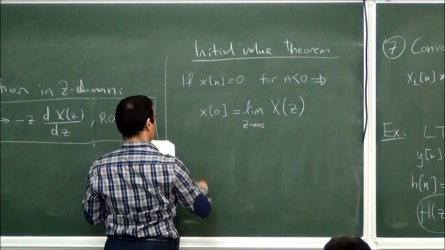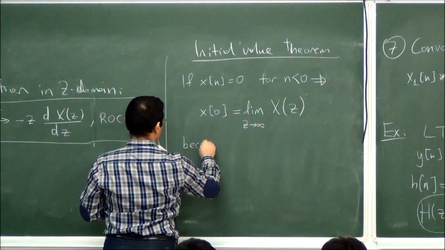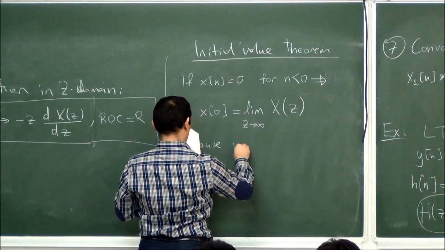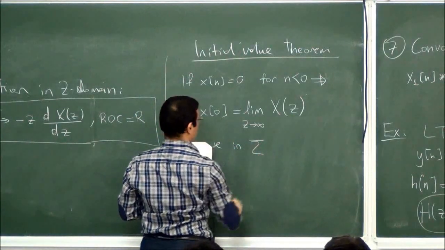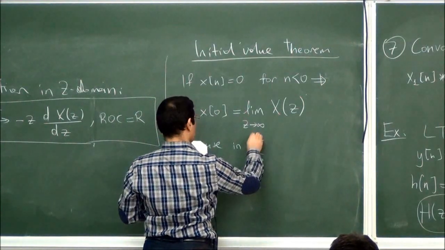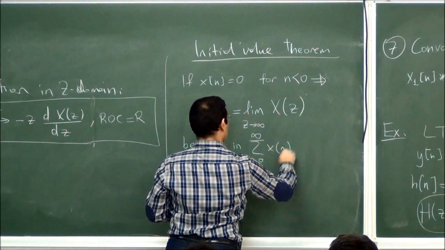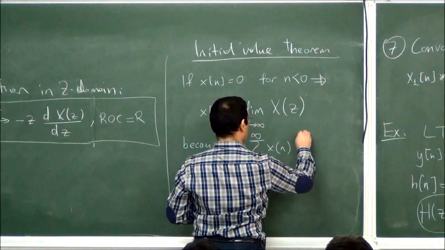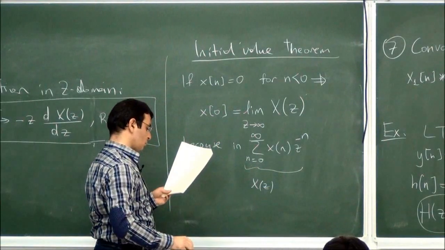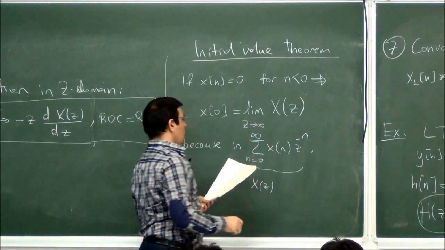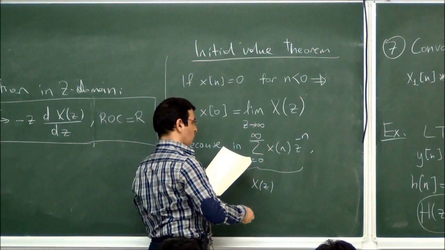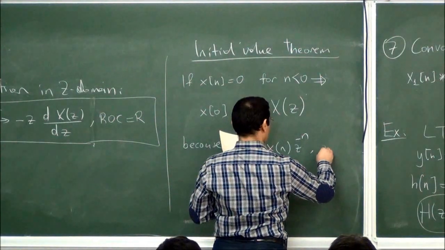So this is the initial value theorem. Why? So let's write the transform. This sequence starts from 0 to infinity, x[n] z to the minus n. This is X of z, as you know. So if z goes to infinity, we can say that this is the initial value.